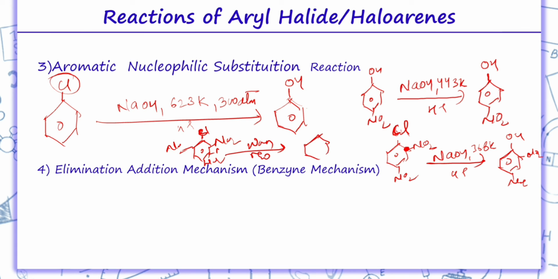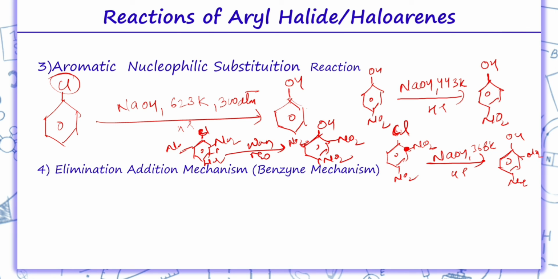Thus the Cl will be substituted with OH, with NO2, NO2 and NO2 remaining. So this is how a nucleophilic substitution reaction takes place.